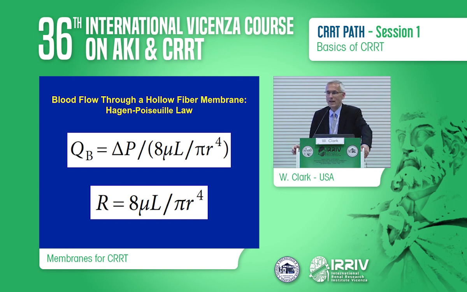We'll talk in the next slide about what exactly is meant by laminar flow and a so-called Newtonian fluid. I know Dr. Ronco mentioned that in some respects blood is a non-Newtonian fluid, but for the most part, the parameters used, particularly in CRRT, generally result in blood being a so-called Newtonian fluid. Again, we'll talk about that in the next slide.